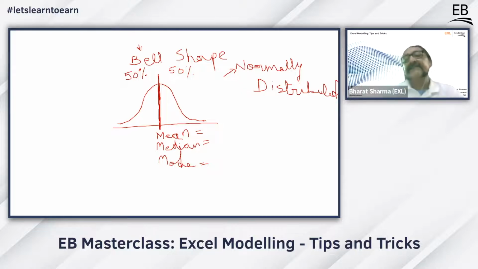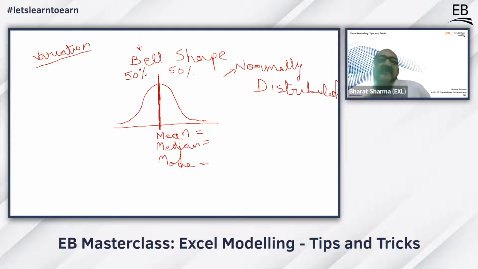Then he says that no process in this universe, wherever it can go, whatever you know about the universe, can exist without variation. No data set will appear without variation.